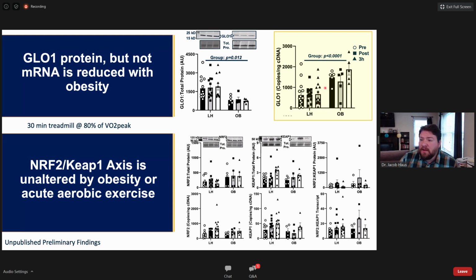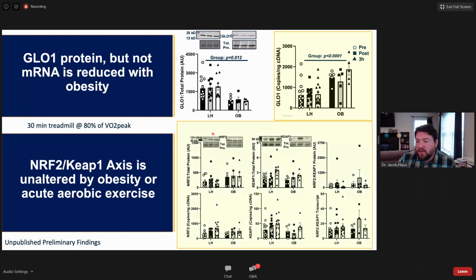You can see that GLO1 transcript was markedly elevated in the obese individuals. And so this was surprising to us. This should manifest with increased amounts of GLO1 protein, but it does not. And so we tried to understand, well, okay, if GLO1 transcript is elevated, then NRF2 should also be elevated.